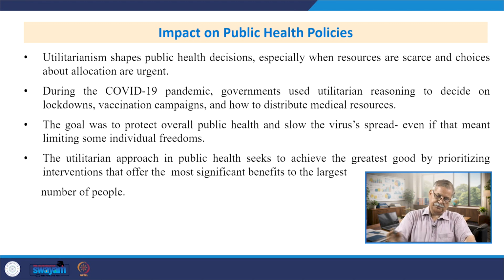The goal was to protect overall public health and slow the virus spread, even if that meant limiting some individual freedoms. The utilitarian approach in public health seeks to achieve the greatest good by prioritizing interventions that offer the most significant benefits to the largest number of people. So this Bentham concept is applied, meaning maximum welfare to the maximum number of people in the society.